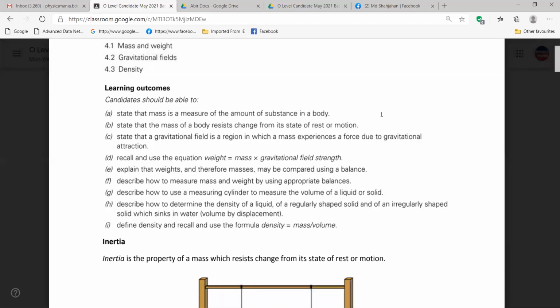For example, you are given a 20 kg stone. If you want to push or pull it, you will get a lot of resistance.